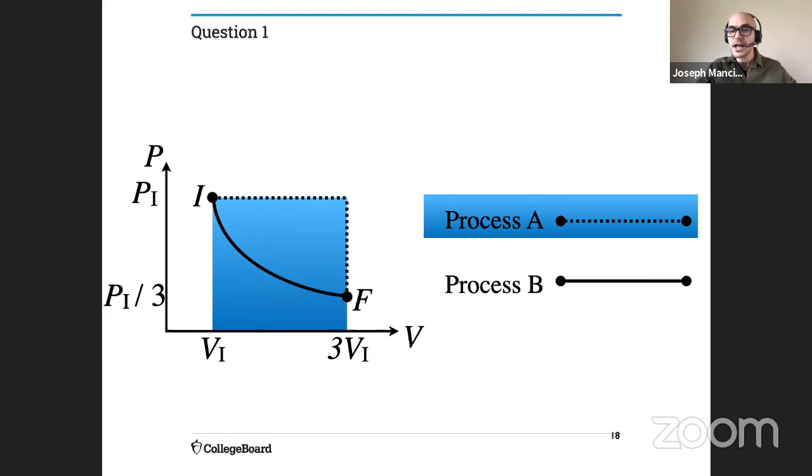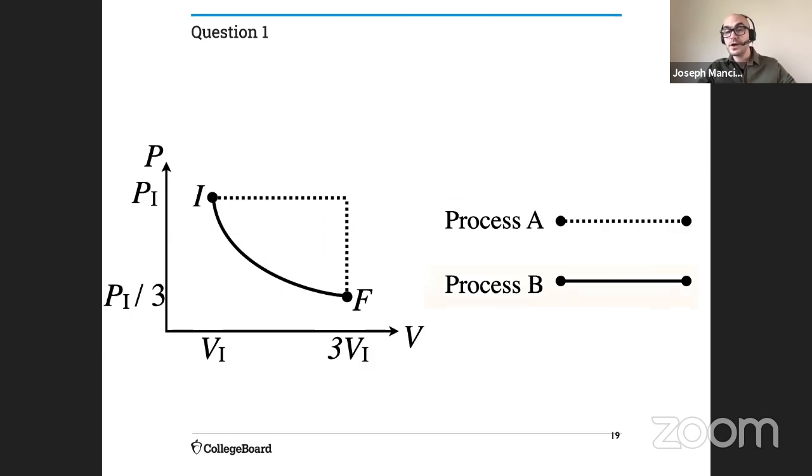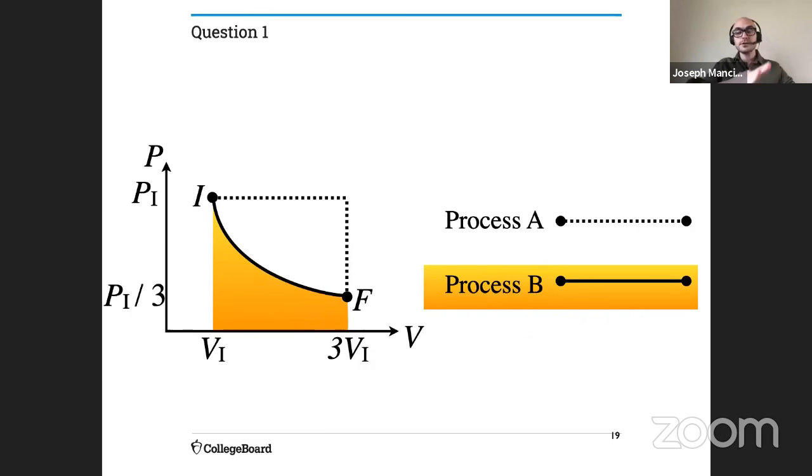So the area shaded in blue is equal to the work done as the piston expands in process A. The work done in process B is equal to the area under that curve. So clearly more work is done by the gas in process A.